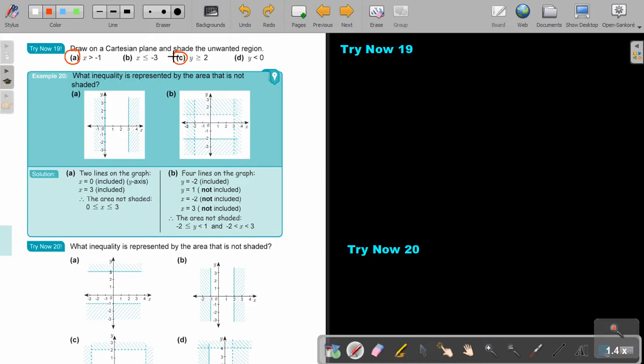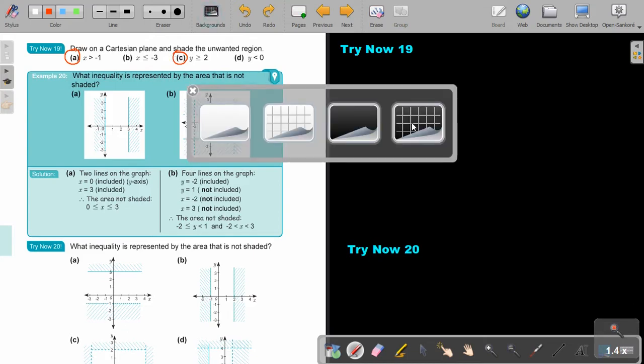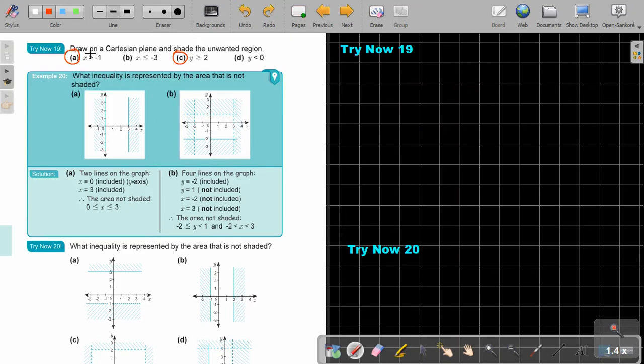I'm just going to have a grid. Okay, there's my grid. So draw on a Cartesian plane and shade the unwanted region. So let's start with number A. Number A will be x is bigger than negative 1.